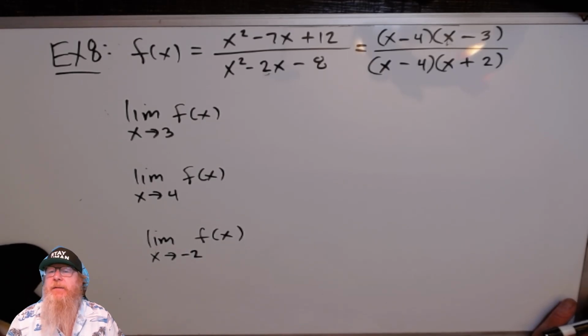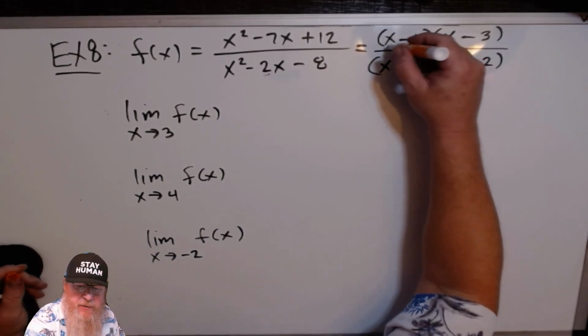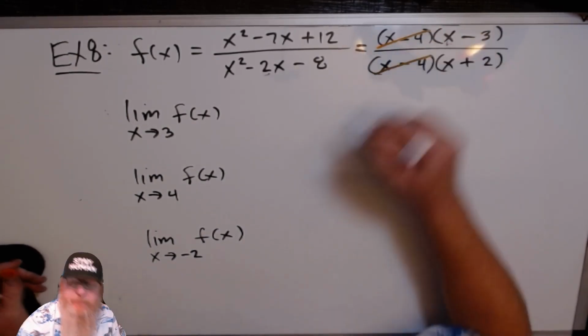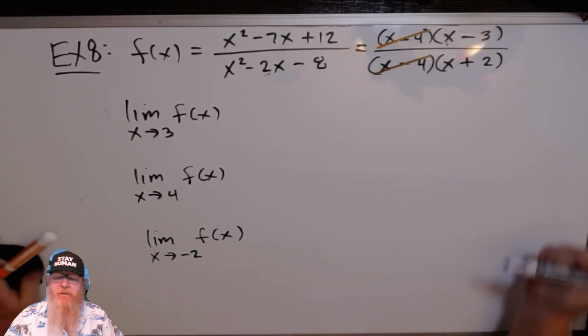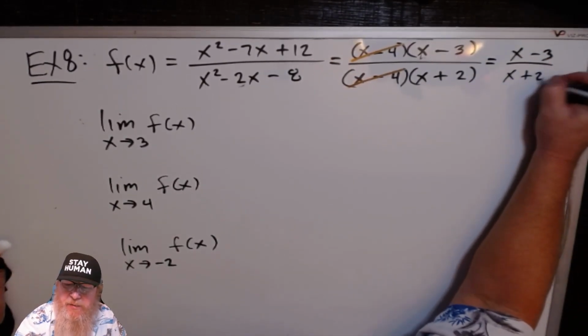All right. We can go ahead and cancel this factor and go x minus 3 over x plus 2.